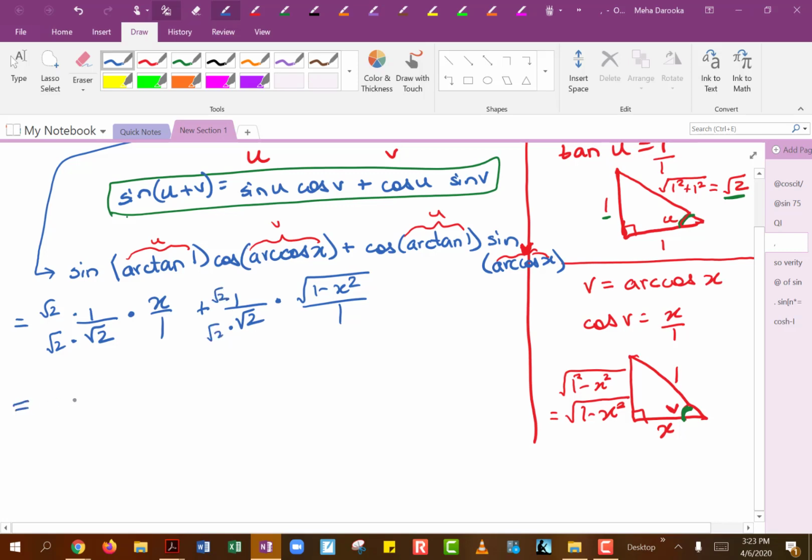So I would end up getting square root of 2 over 2 multiplied by x over 1 plus square root of 2 over 2 multiplied by 1 minus x squared inside that square root.